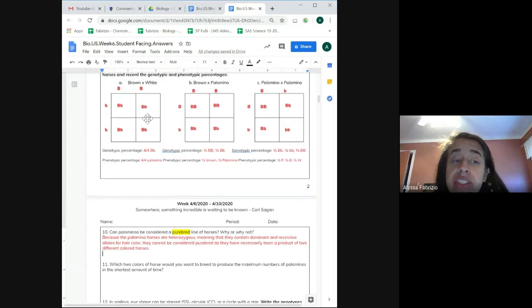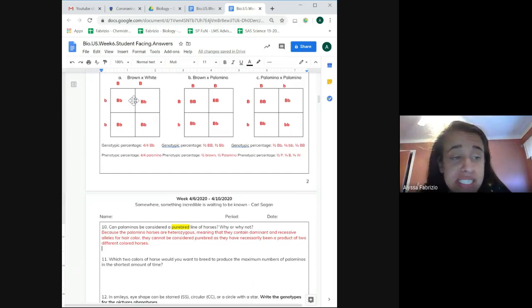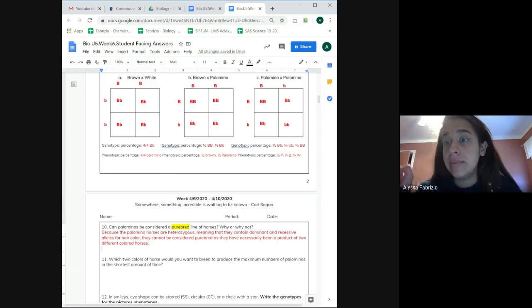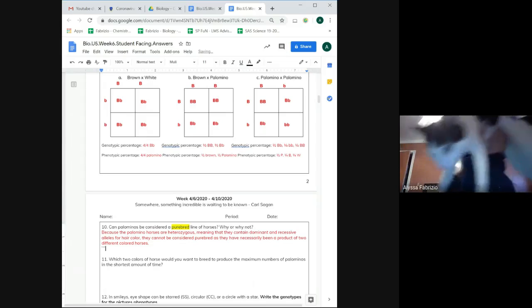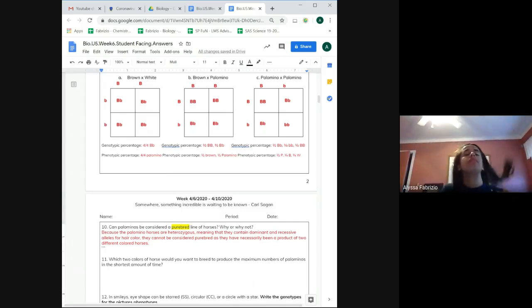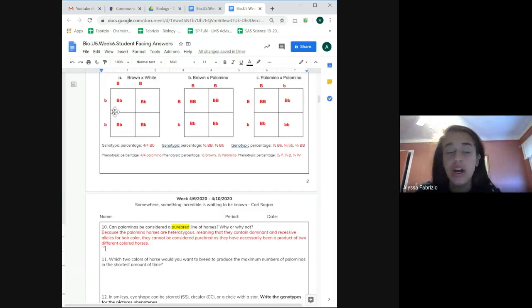Whereas when we cross a brown and a white horse together, because they're both homozygous for their respective traits, whether it be dominant or recessive, they can only contribute that one type of allele to their offspring. So the brown horse is always going to give the dominant allele, and the white horse will always give the recessive allele.